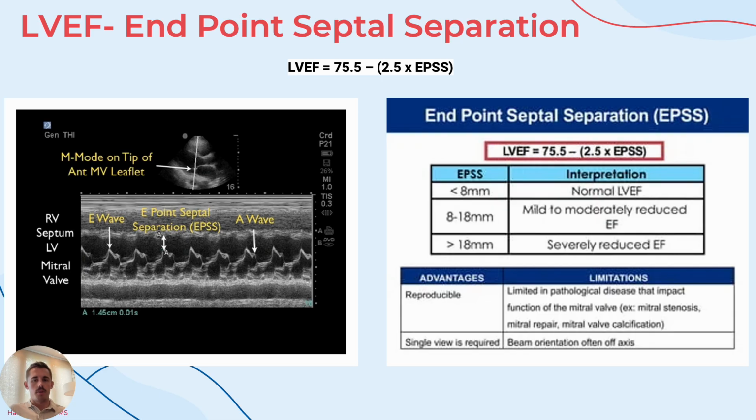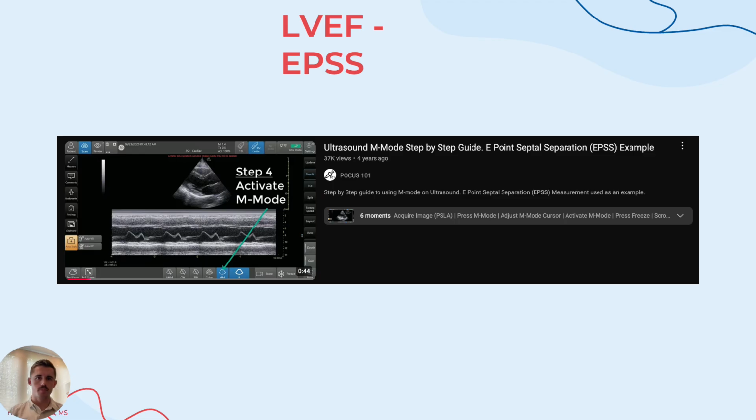There are some limitations there, things that are affecting only the mitral valve, like calcifications or repair, can't then let you estimate a global cardiac function or global function of the left ventricle because that mitral valve has a problem with it.